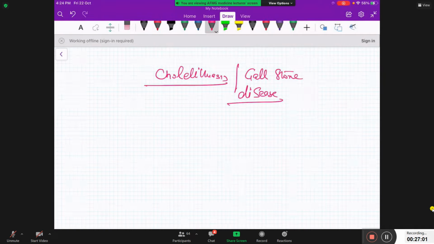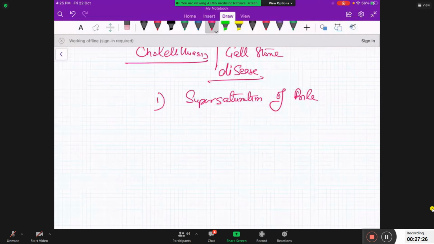Now, we don't have to mug up things here. If we know these three basic reasons, every risk factor which I am going to enumerate will be revolving around these three things. What are those three things? One, supersaturation of bile. Whenever bile is supersaturated, there will be a risk of stone formation.